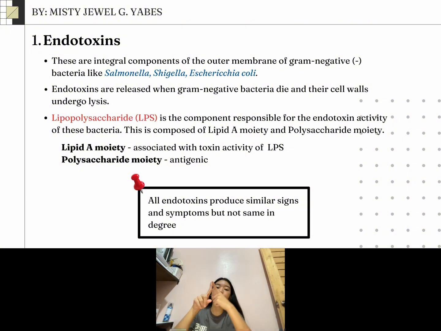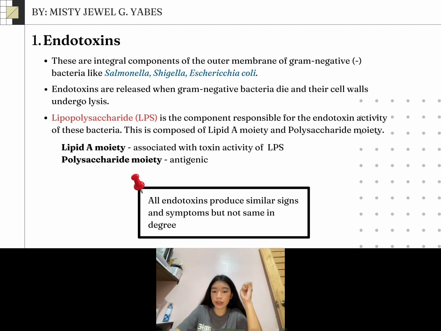So, ang ating lipid A moiety ay associated sa toxin activity. Ang ating polysaccharide moiety naman ay antigenic. So, bakit siya antigenic? Ito kasing ating polysaccharide moiety ay nagko-consist ng complex structure in which inaalaw nito ang ating immune system na ma-recognize siya as a foreign substance.